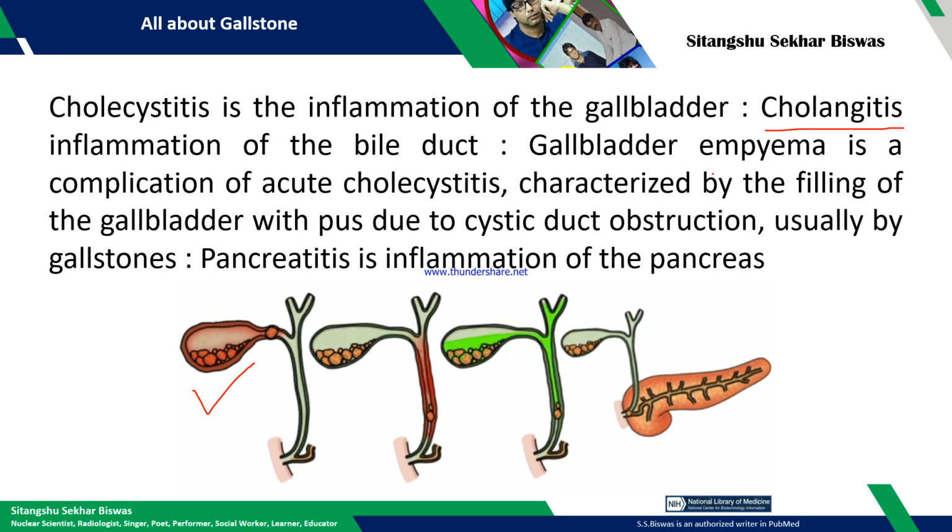Another is, sometimes if it is stuck for a long time, this will create some pus in the gallbladder due to the duct obstruction. This is called gallbladder empyema. This is also one kind of problem.